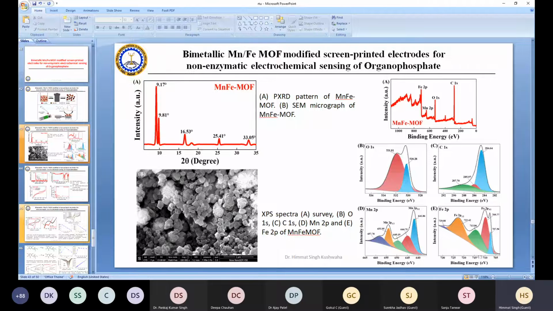This SEM micrograph mainly shows an amorphous polymeric network, and the presence of Fe and Mn within the framework can be identified by the XPS survey. Mn 2p 1/2 and 3/2 peaks are both present, and similarly Fe 2p 1/2 and 3/2 are both present.